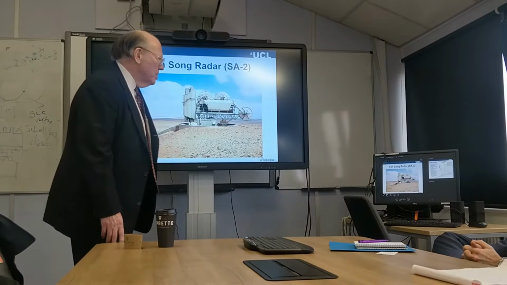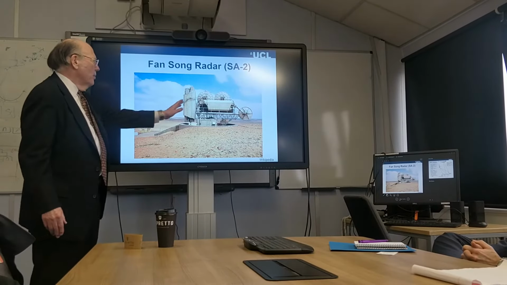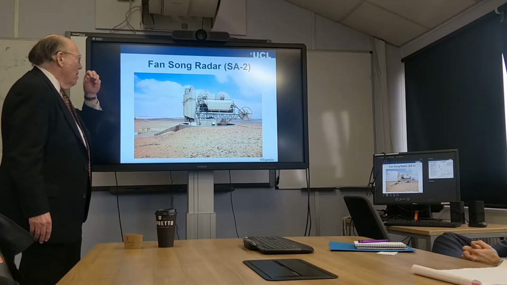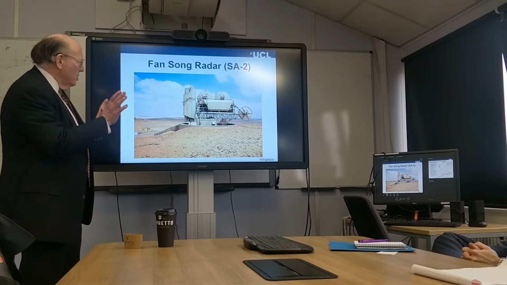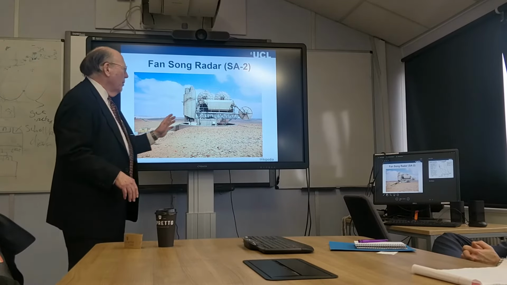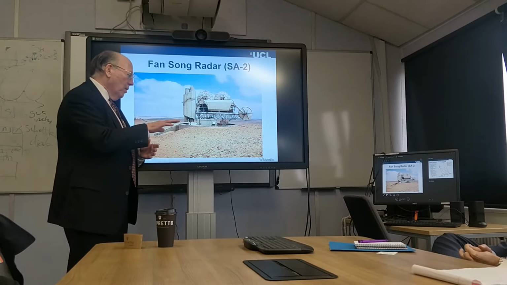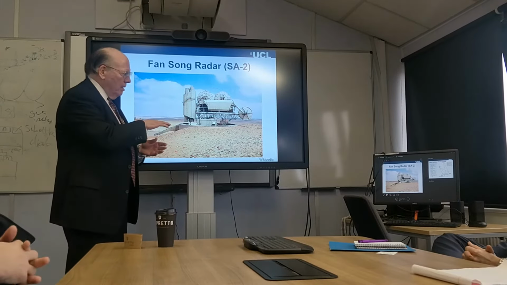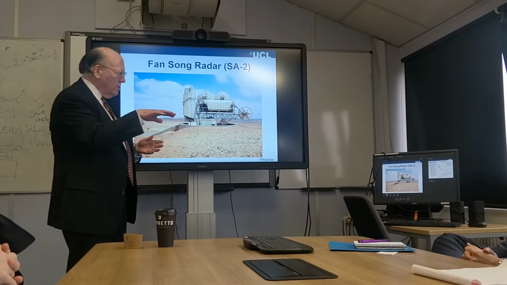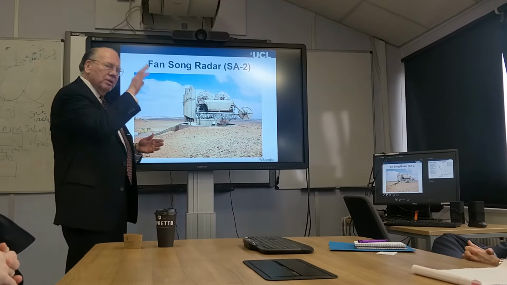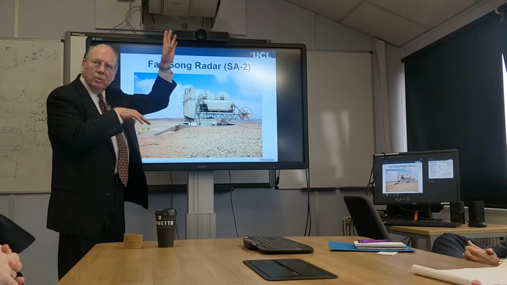This is an SA-2 system. The radar is called the Fansong, and it consists of two antennas that transmit. One transmits a fan beam that's horizontally oriented, and it sweeps in the vertical, so it measures the altitude of the target.